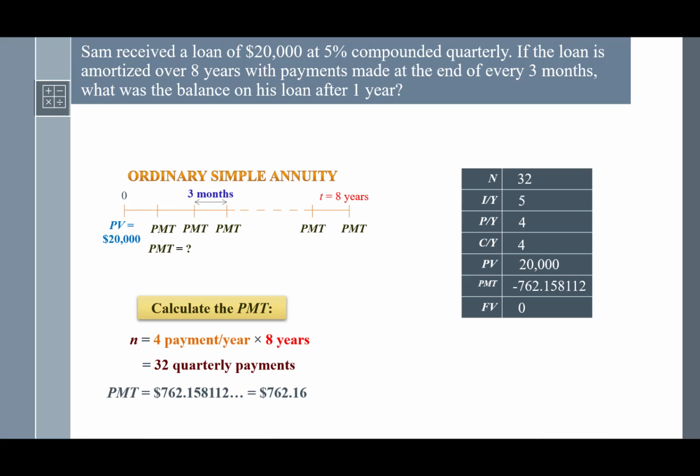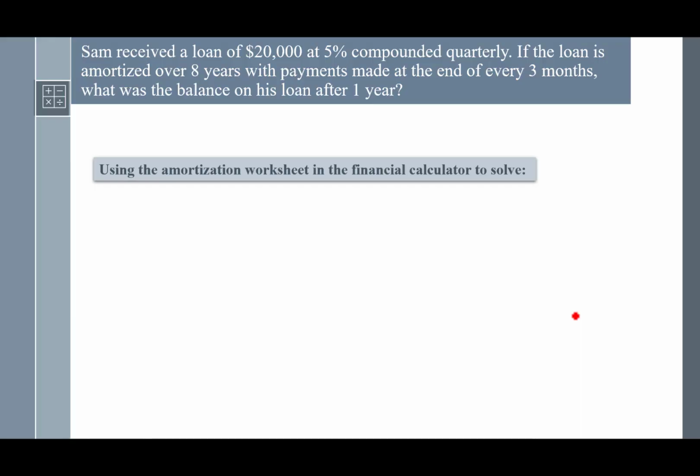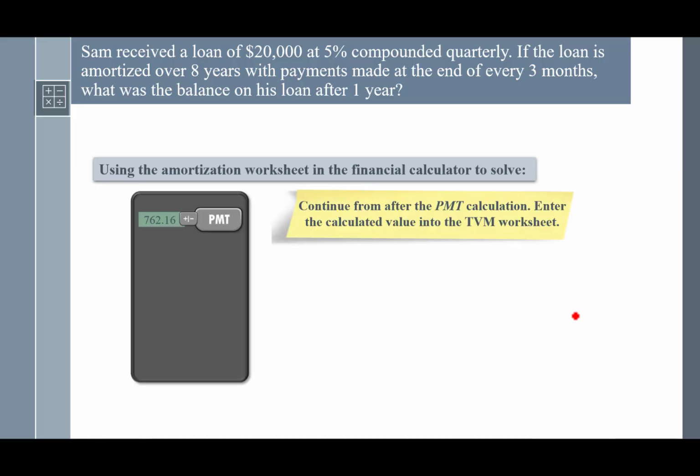So we need this for the amortization schedule, because remember, in the amortization schedule, we're just entering P1 and P2. So how does the calculator know what is the PMT, what was the balance, etc.? We have to enter them first. So after we calculate the PMT, this is where we're going to go and look at the amortization worksheet. We're looking for the balance after the first year.